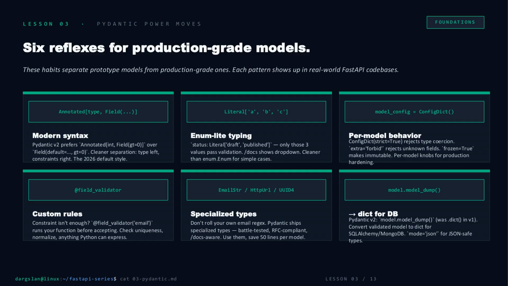Lean on EmailStr, HttpUrl, and UUID4 instead of writing regex. Tune behavior per model with ConfigDict. Strict, forbid extras, frozen. And when it's time to hand off to the database, model_dump gives you a clean dict, with mode="json" for JSON-safe types.